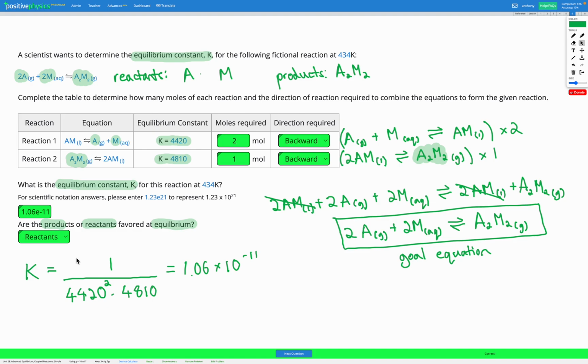Finally, we can calculate our equilibrium constant. Any reaction steps that are forwards, we're going to put the equilibrium constant on the top of the fraction. Any reaction steps that are backwards, we're going to put the equilibrium constant on the bottom of our fraction. And then those equilibrium constants will be to the power of the moles required for those to add up to give us our overall goal reaction.